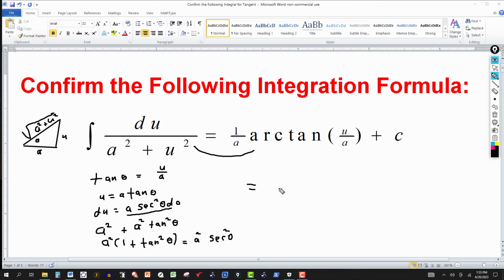So let's go back to this then. We want to show that the integral of du over a squared plus u squared is equal to this over here. So let's go ahead and just put the integral sign here. And then the du is right here, a secant squared theta d theta.